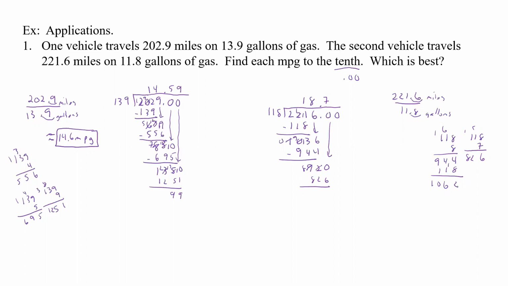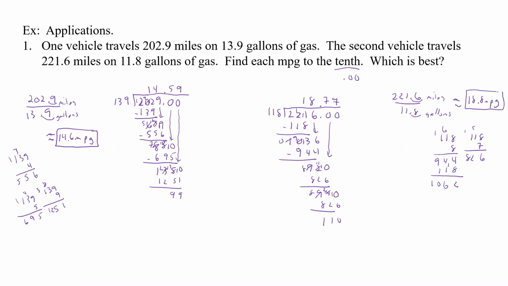Now that's an 8, that's an 11, and that's a 4, and that's a 9, and that's a 0, and that's going to be a 7 again, because it's less than the 944, and so that's 826. That's going to be an 8. Oh, actually, we just can borrow here, and that's a 3. And that gives us 10 minus 6 is 4, 3 minus 2 is 1, 9 minus 1 is 8. And so this one is approximately 18.8 miles per gallon.